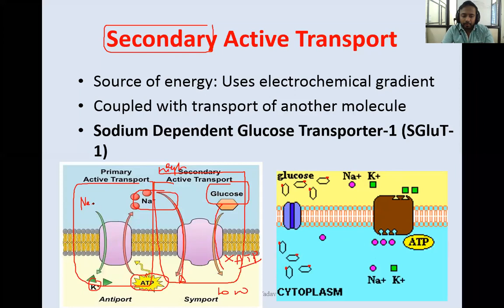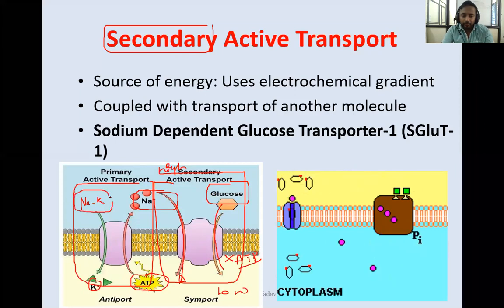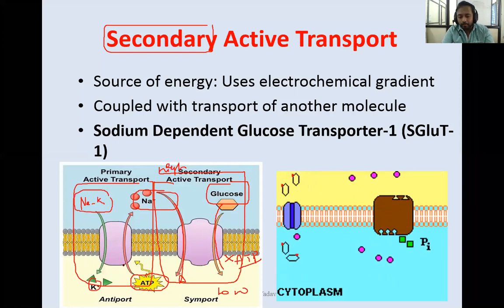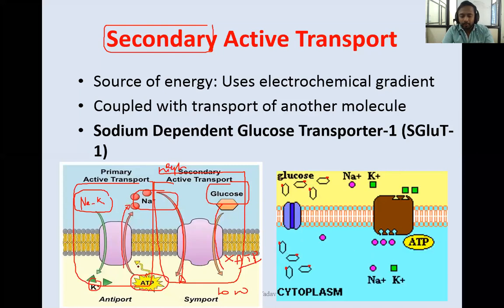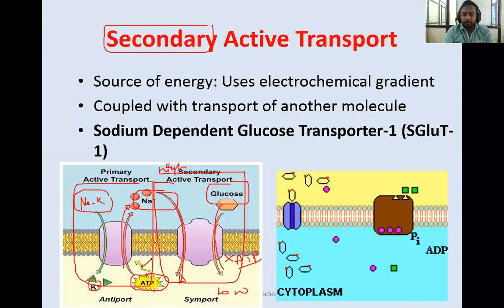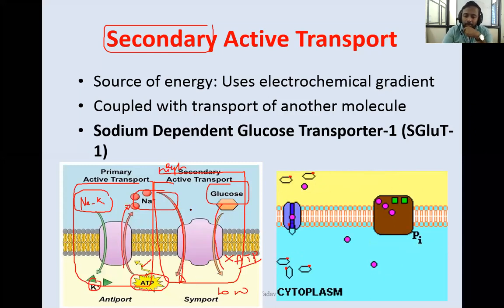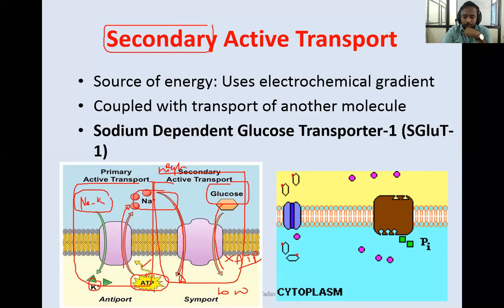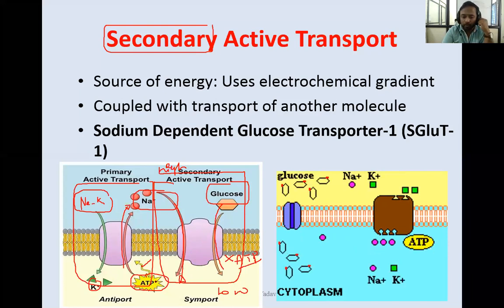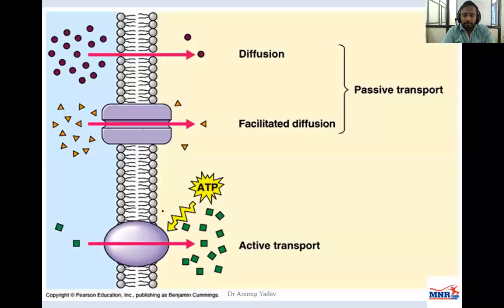Yes, you can see here the sodium potassium pump helps in the movement of sodium again out of the cell. So this requires energy, and that is the reason it is called secondary active. The sodium is coming along with the glucose, but its movement out of the cell requires the energy currency.